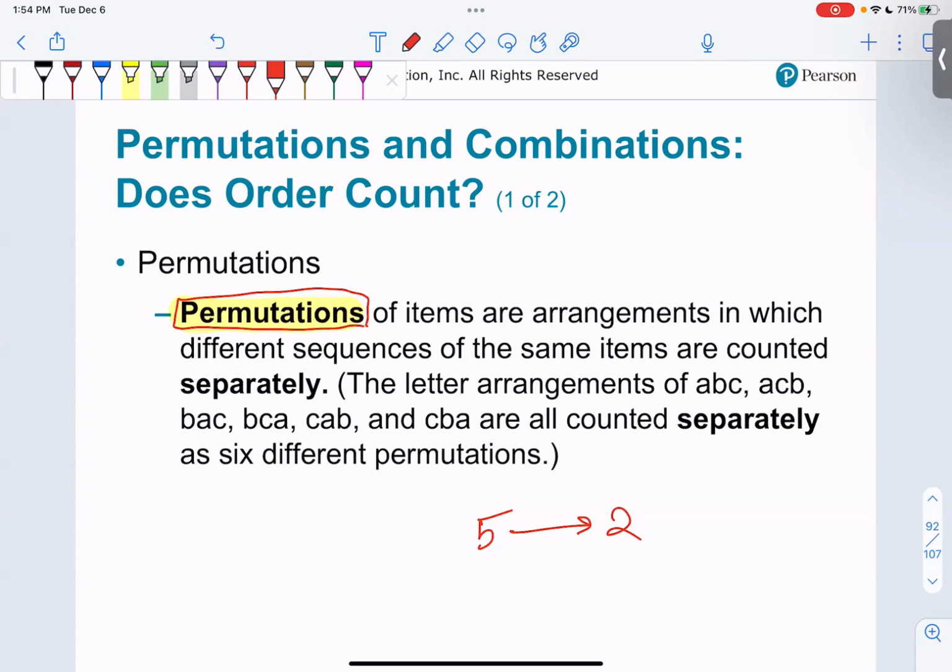The order of selection might be important. For example, if I want to select the first one to be president and the second one to be vice president, then the order matters, right? But if I just want to put them in some committee, then the order does not matter.